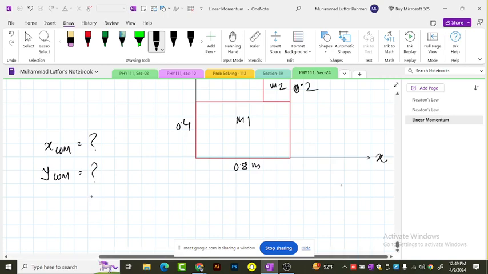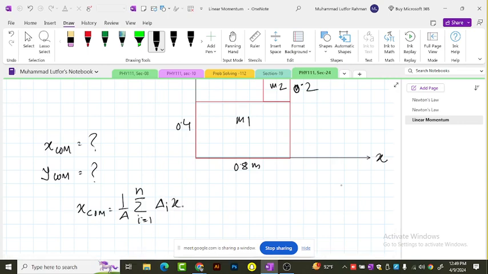Alright, so to find the xcom and the ycom, the formula for xcom was basically 1 over a, summation i from 1 to n, ai and xi, which means I can write it as a1 x1 plus a2 x2 divided by total area a1 plus a2, right?